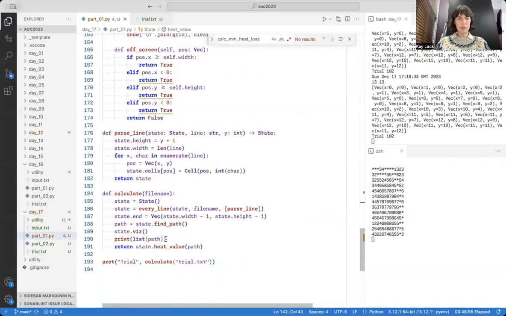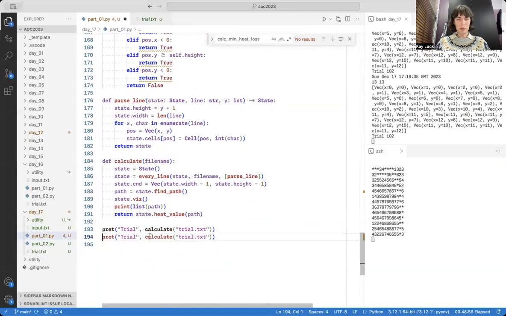Okay, now we're good. Let's try with the input. Get rid of this viz for one.